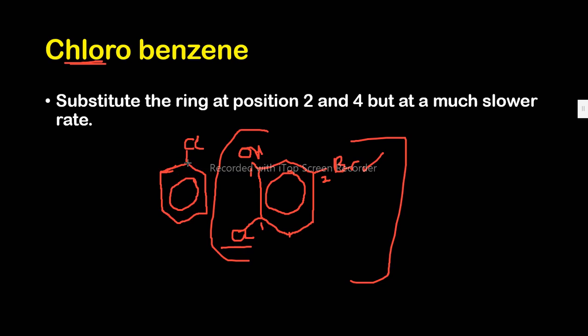So it tries to withdraw the bonding electrons from the carbon more to itself. And if you withdraw the bonding electrons from this carbon, the same effect will be attributed to these pi delocalized electrons in the ring, so that they are not available to the incoming electrophile. But however, when it is forced to react, then the incoming electrophile is going to attach on the ortho and para positions of the ring. Not so?